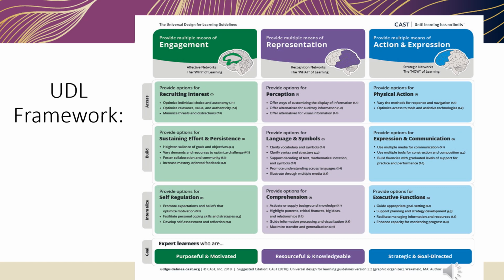Next is the build level. Next is the internalize level. And finally, at the bottom is the goal level. This tells us what we hope to develop as expert learners. Expert learners are people who are purposeful and motivated, resourceful and knowledgeable. They're also strategic and goal-directed.